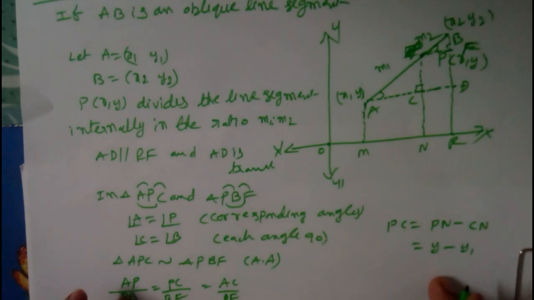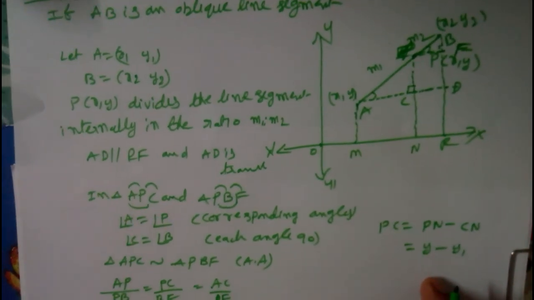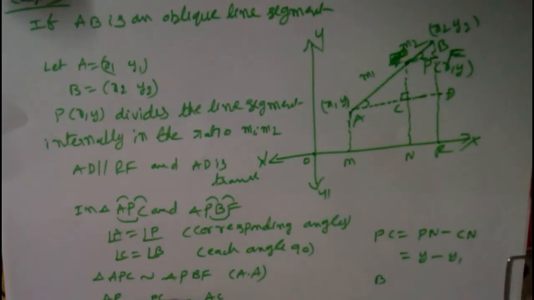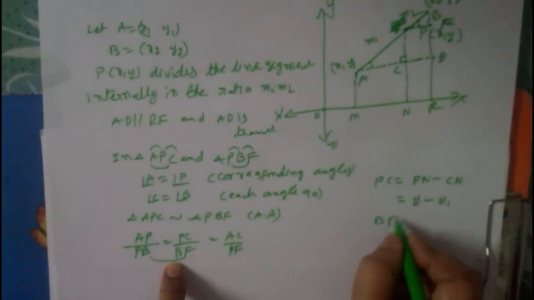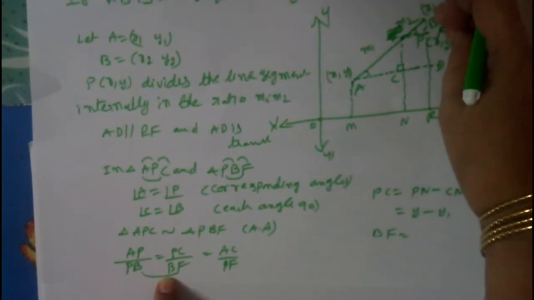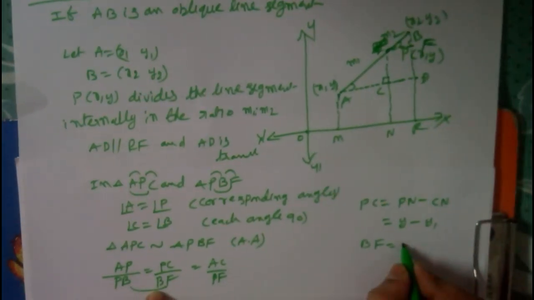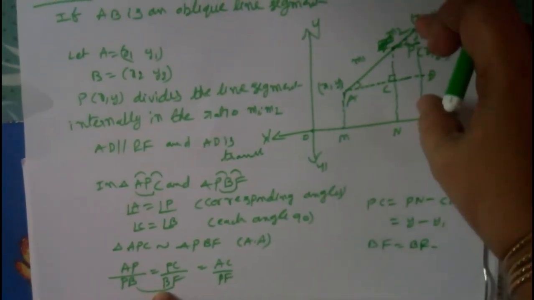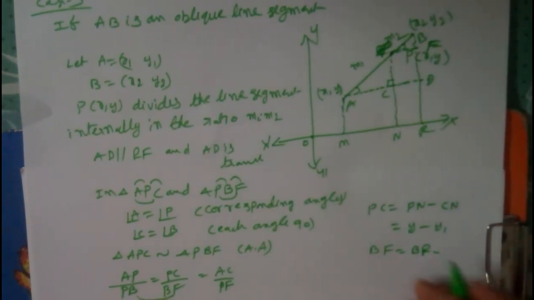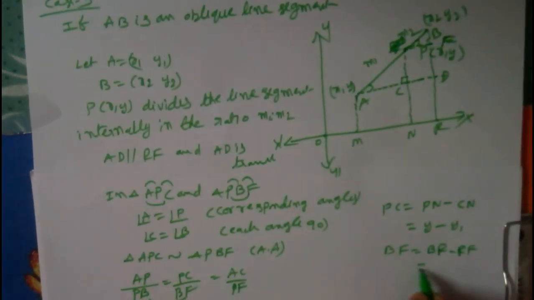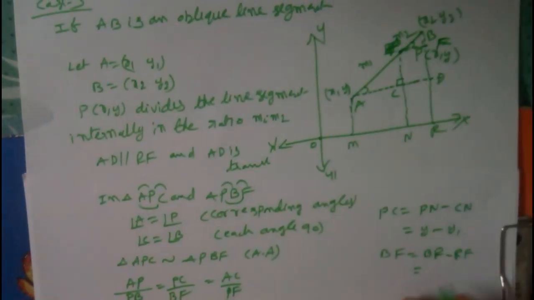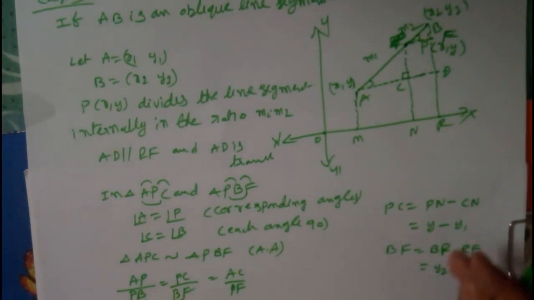Now, what is the BF value? BF is equal to BR minus RF. So what is the BR value? BR is equal to Y2.